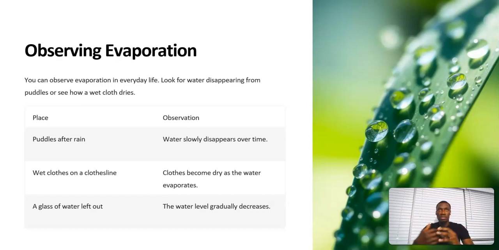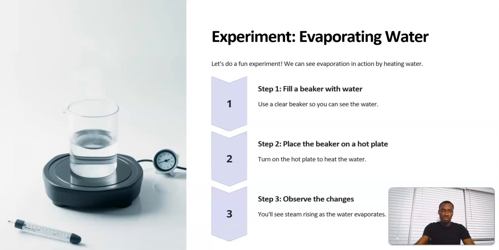With time, the wet cloth dries up as the water evaporates from the cloth. And a glass of water left out: the water level gradually decreases, which means evaporation is taking place.